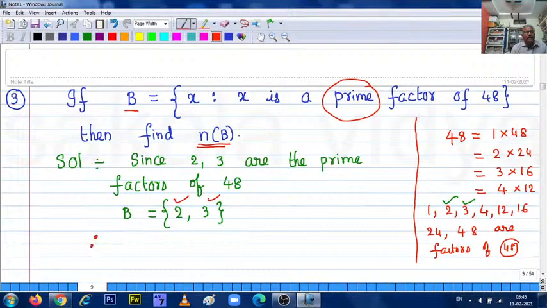So the answer is n of B, which means the number of elements in set B. 2 elements, so the answer is 2. This is called the cardinal number or cardinality of a set. I hope you have understood. Yes or no? Just you need to chat.